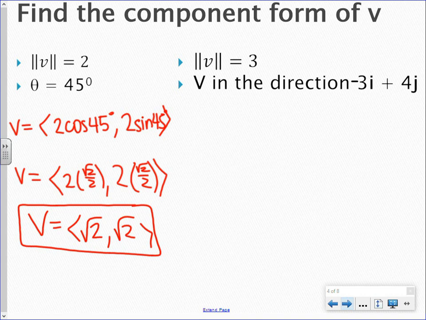So before we can put this into component form, what do we need to do with negative 3i plus 4j? We need a direction. Okay? So I'm going to give you about 60 seconds to find the angle, the direction angle of negative 3i plus 4j, and then compare it to your neighbors.